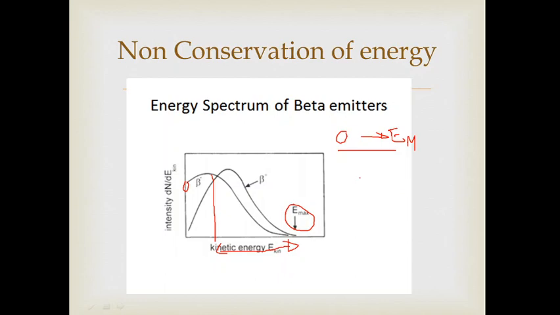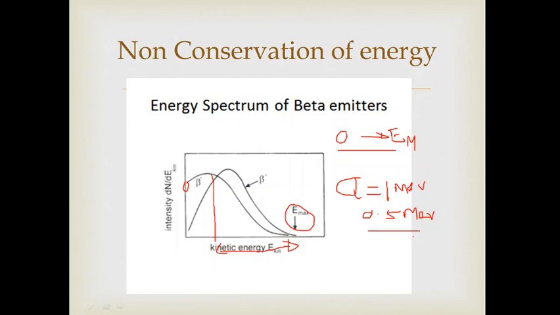For example, if the total Q is around 1 MeV, and if the beta energy is around, let's say, 0.5 MeV, then the question was, what happens to the remaining 0.5 MeV? Who takes away the remaining 0.5 MeV?